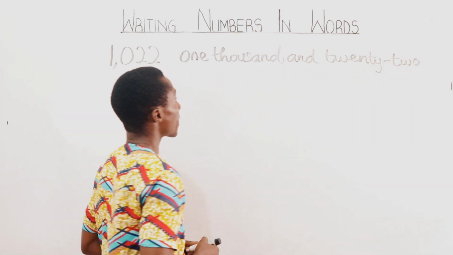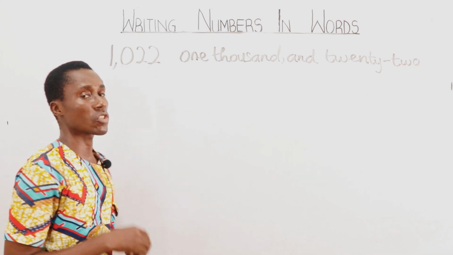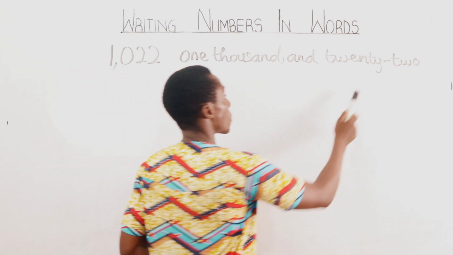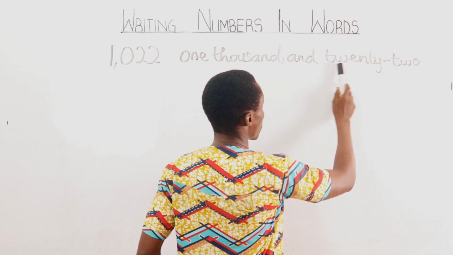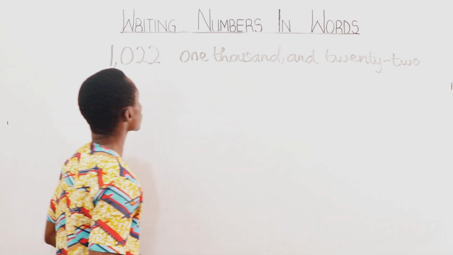Now remember, 22 is a compound number. Therefore, we have a hyphen between the 20 and 2.